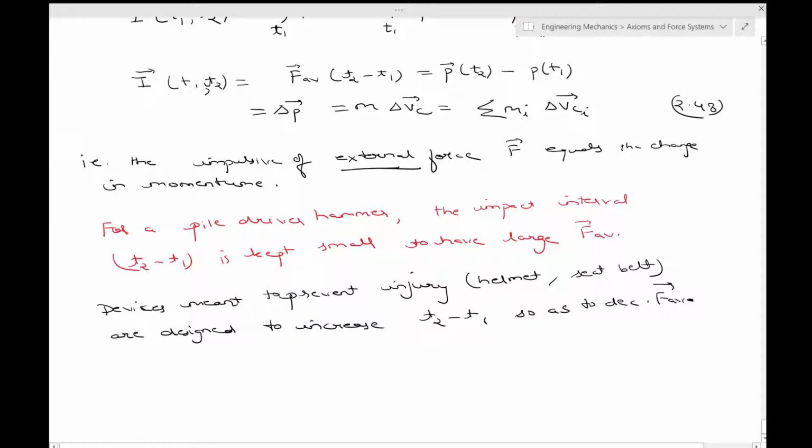Now this 2.48 is valid for, so you see we have used this index notation.